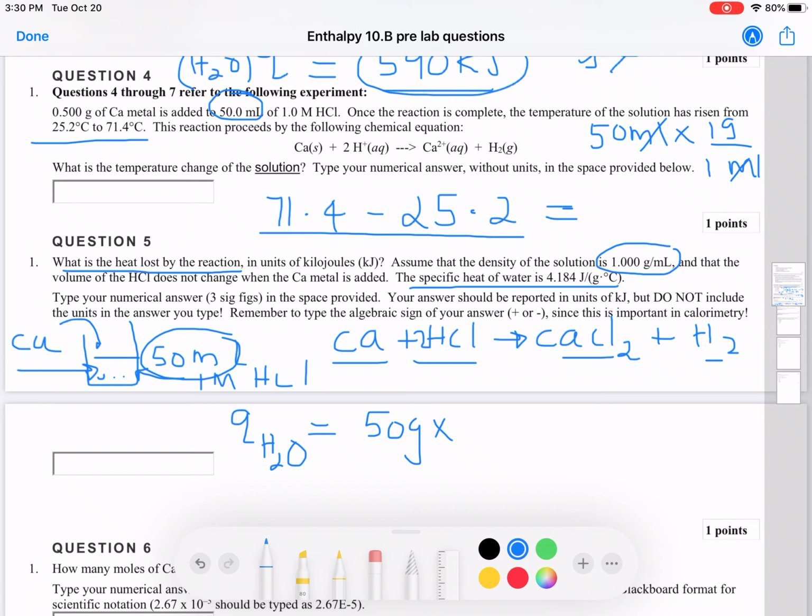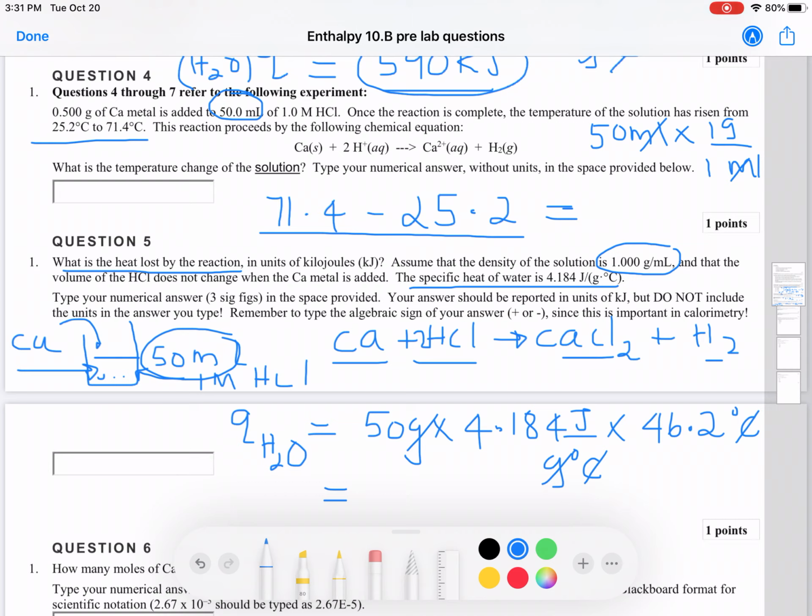Okay, so 50 grams, and then the specific heat for water 4.184 joules per gram per Celsius, and then the temperature change which you calculated in question number 4, 46.2 Celsius. So when you calculate this, you're going to find out the Q water.